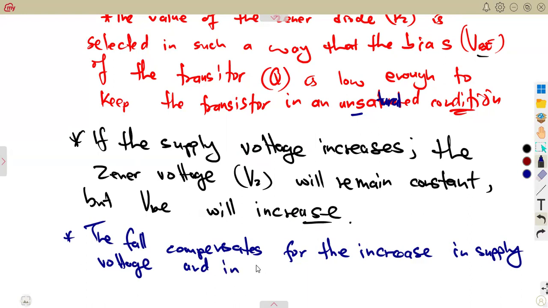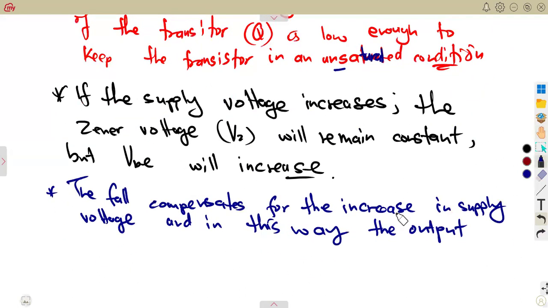And in this way, the output voltage is stabilized. The output voltage is stabilized.